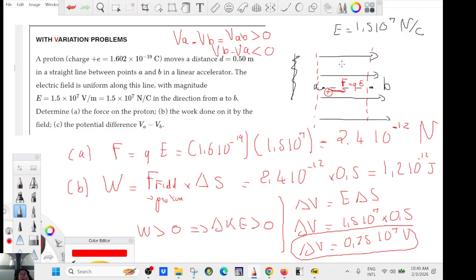So you see here the voltage decreases at a constant rate, right? So these are called equipotential. This is an equipotential. This is an equipotential. Same potential all over here. So think of voltage like altitude.